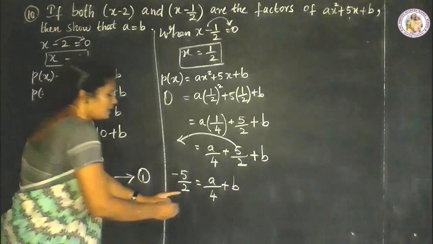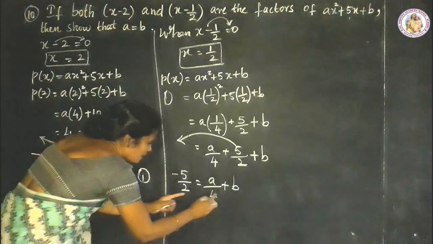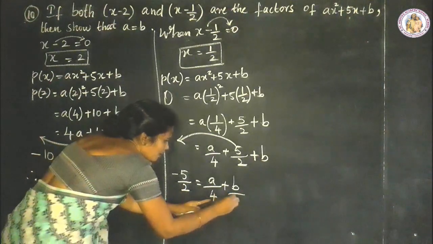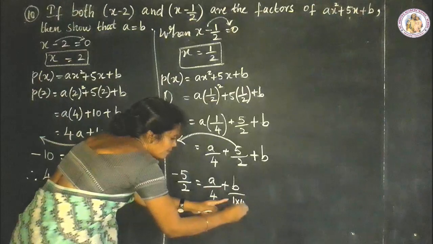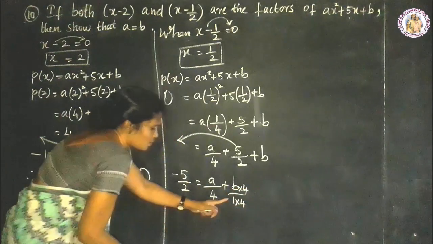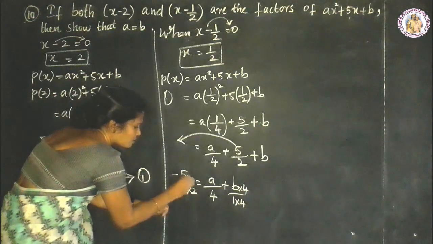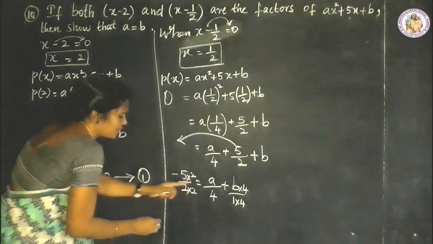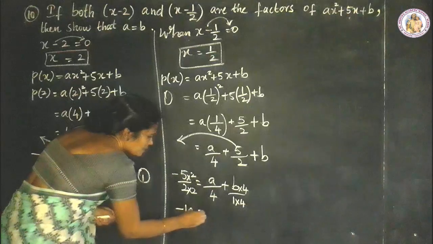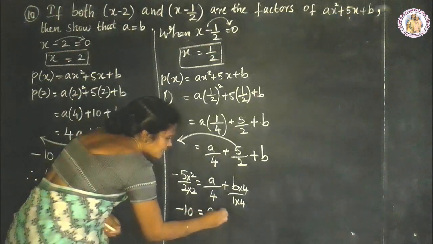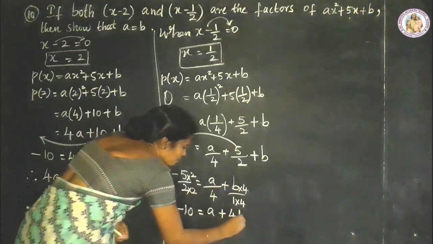Now take LCM. So 4 is the LCM. Here 1 multiplied with 4 to the numerator as well as denominator, and same as well as here 2 into 2 is 4. So 5 2s are 10 is equal to a plus 4 into b, 4b.